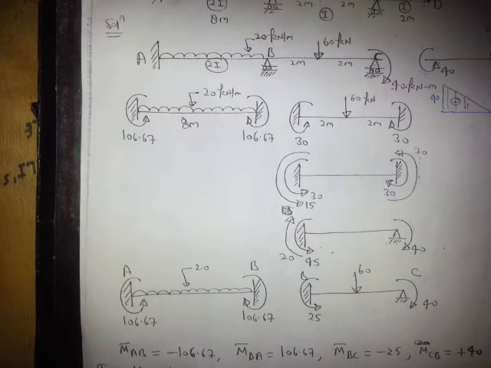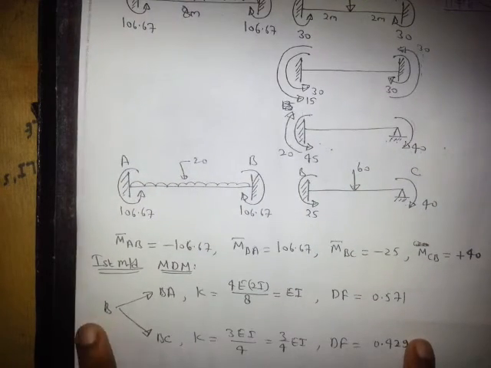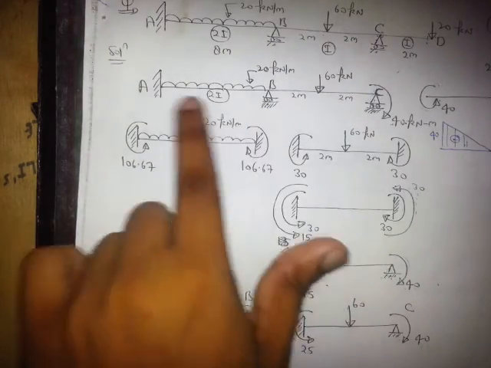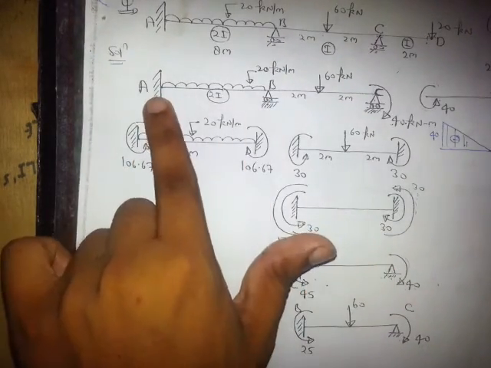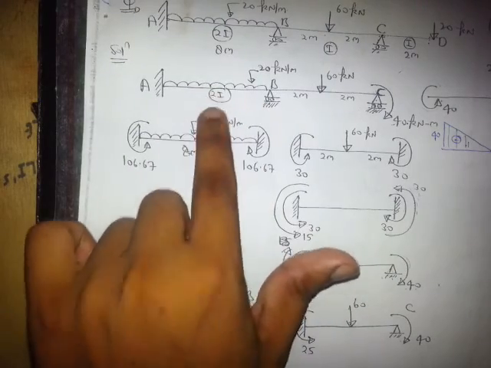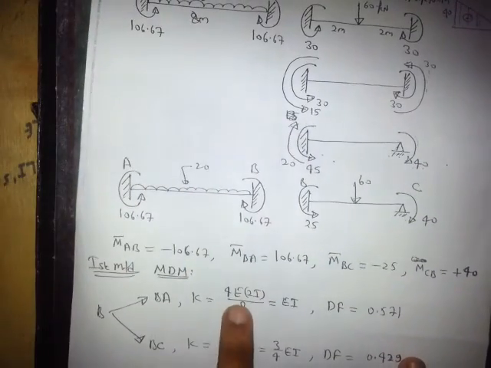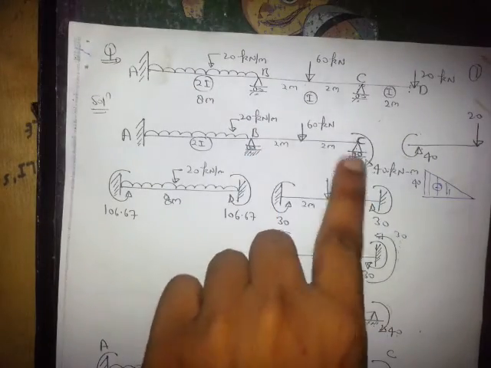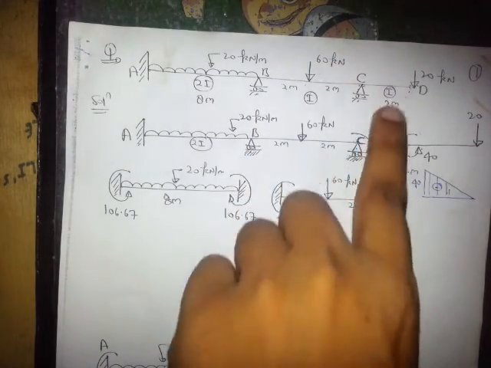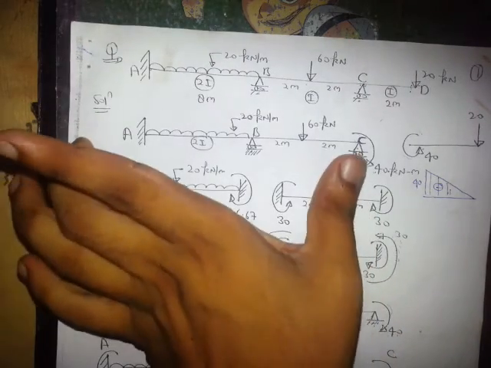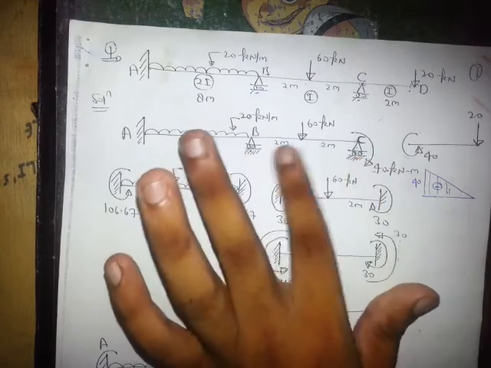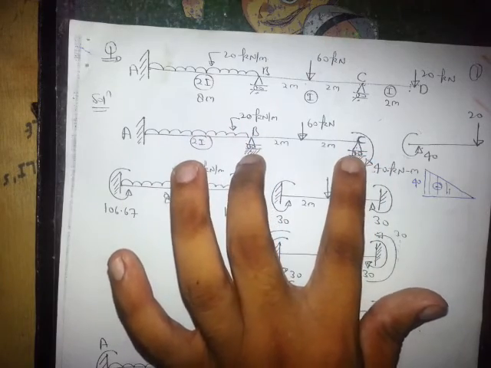The joint is B, so it will be BA and BC. K for BA, B to A, is 4EI by L, means 4 into 2EI divided by L, means 8EI. And since now the beam is not this, the beam is this, now I am analyzing this beam and we can see that the far end is purely hinge end.